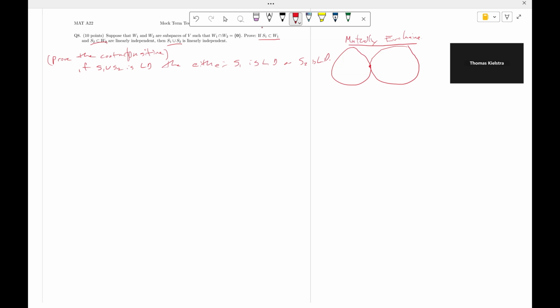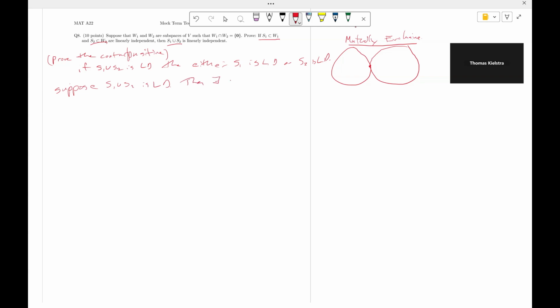You could also do a proof by contradiction where you assume they're both independent, assume S1 union S2 is linearly dependent, and see what happens. You'll see that the proof by contradiction and proving the contrapositive are pretty much the same. But here, suppose S1 union S2 is linearly dependent.